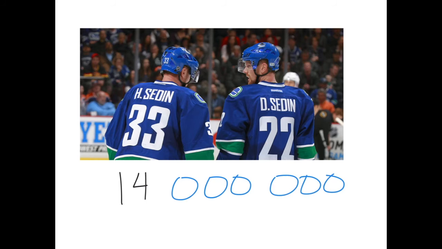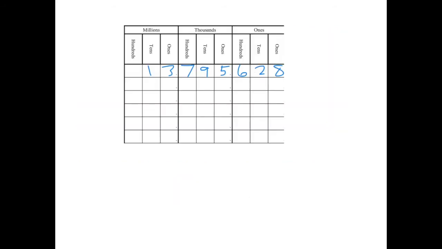Now, if we plug this back into our place value chart, here we go. Here is their annual cap hit. Or in other words, how much they make this year. I rounded up to 14 million. As you can see, it's not really 14 million. It's 13,795,628. If you remember the rules of rounding, if it is 1, 2, 3, 4, I round down.